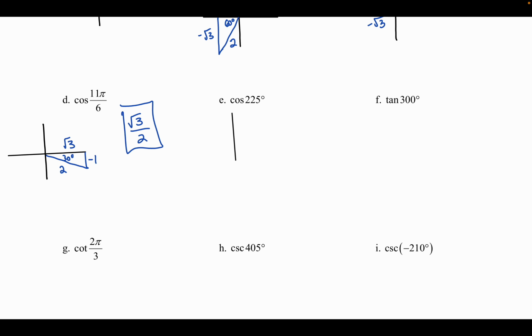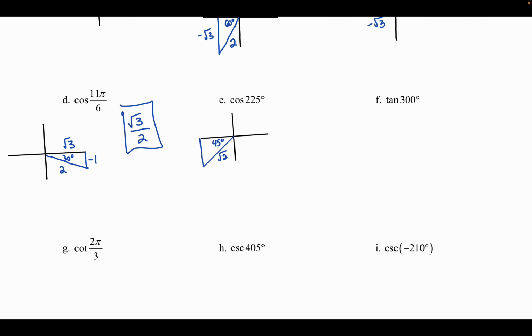Back to degrees. 225. So that's going to spit us out in the third quadrant. Take a moment to think about what that reference angle would be. It's going to be 45 degrees.